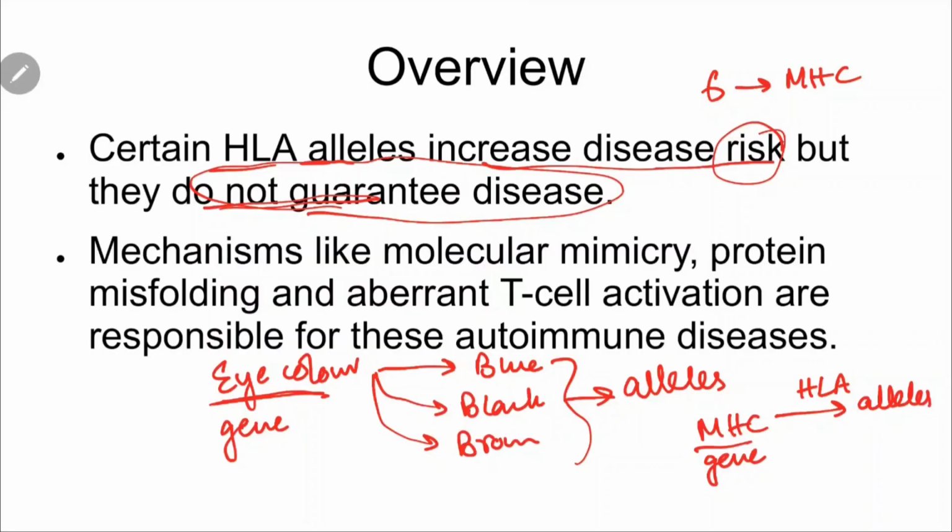The reason being, let's just say that someone has HLA B5, right? And in studies, it has been shown that HLA B5 has been associated with disease X, and they show specific symptoms of it.